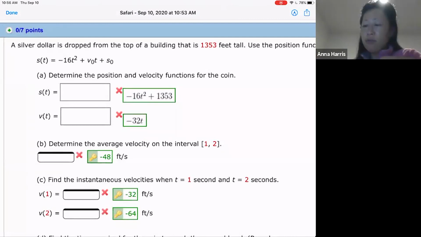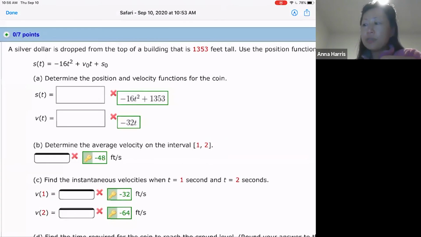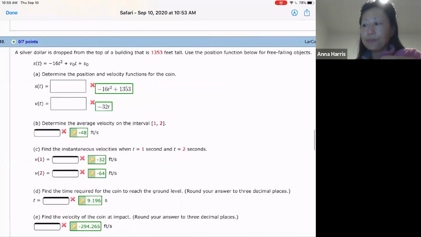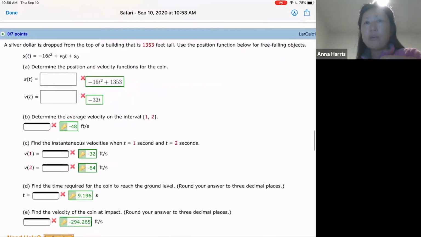Somebody needs to kind of memorize what we're doing, so I can use my notebook to do it. So remember, let's look at this problem to figure out what my position function is first. Can everybody read it? A silver dollar is dropped from the top of a building that is 1,353 feet tall. So I'm going to draw myself a building.